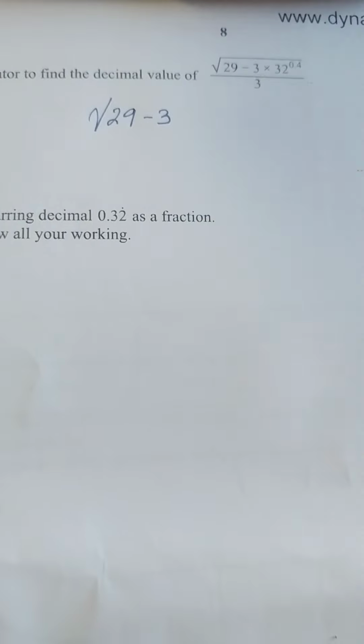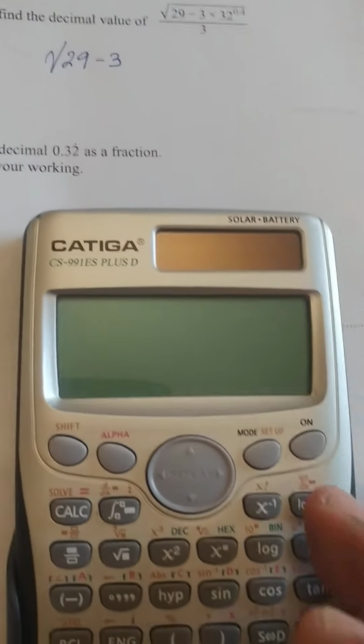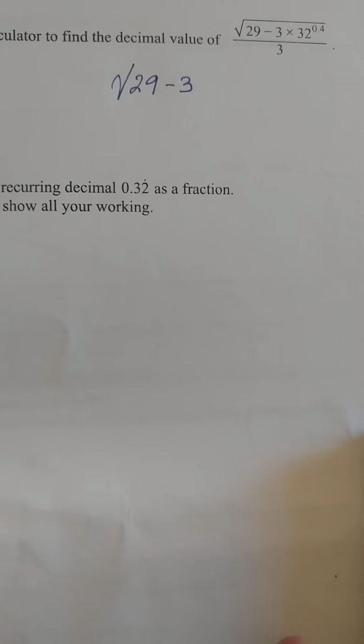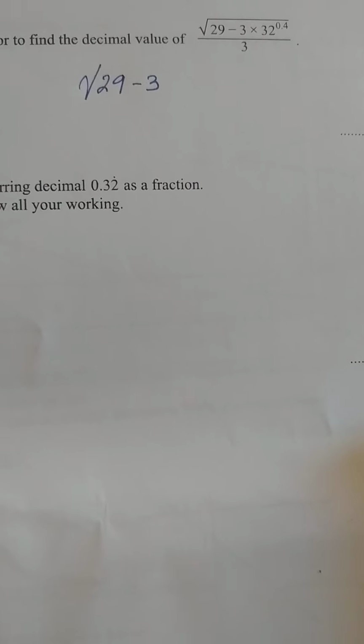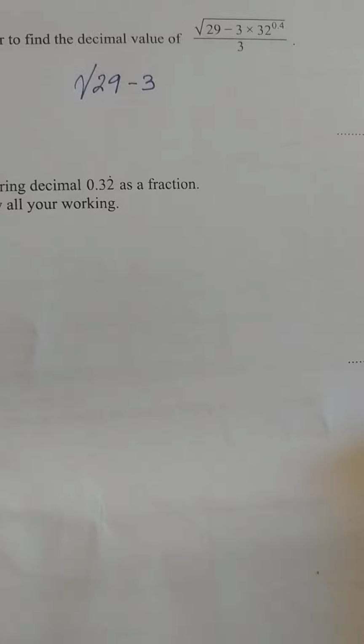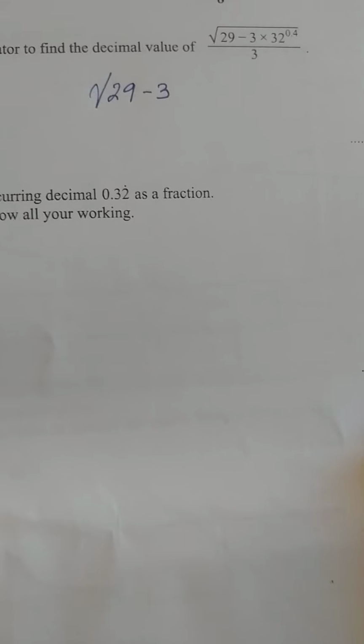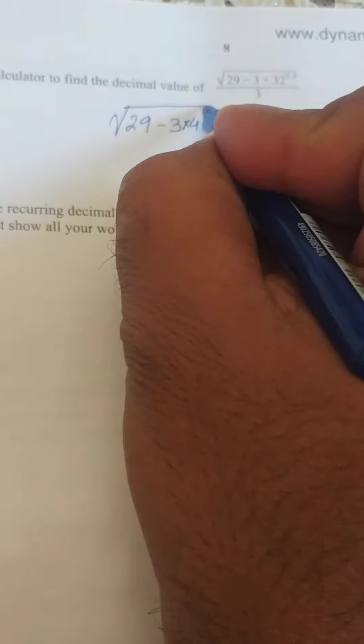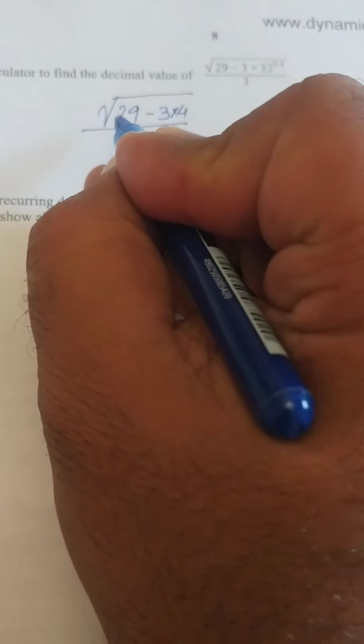0.4. By using the calculator, 32 raised to power 0.4 will give you the answer, that is 4. So I need to write 3 times 4 and the whole divided by 3 outside.